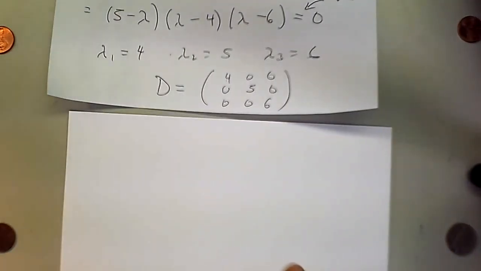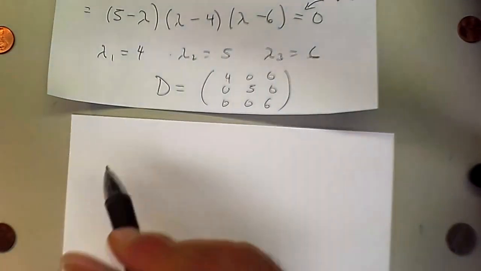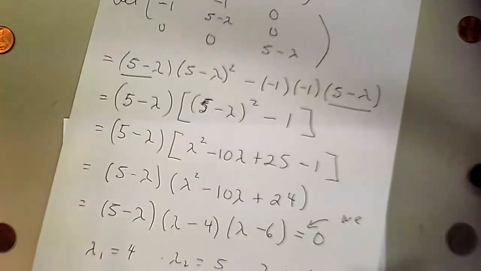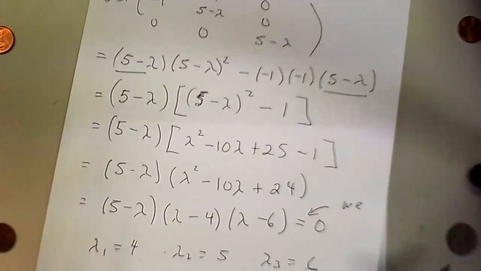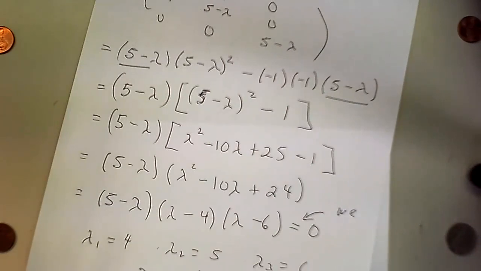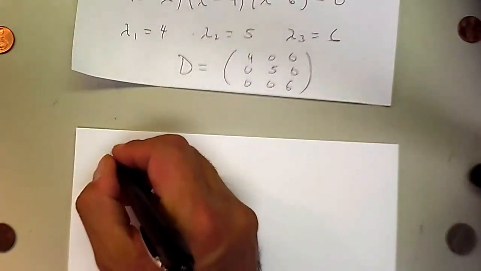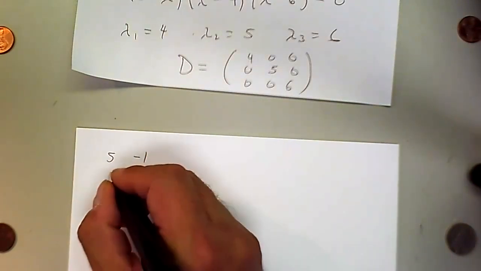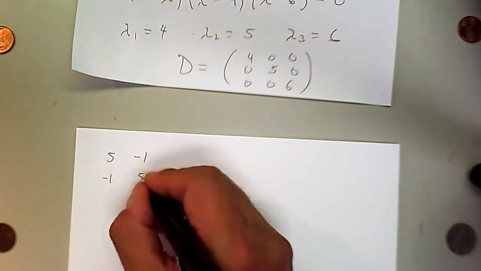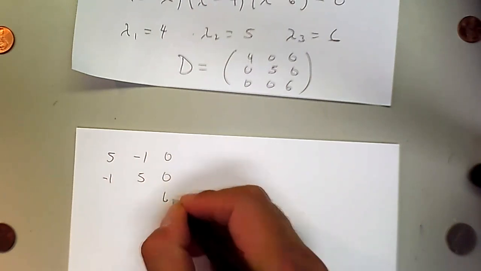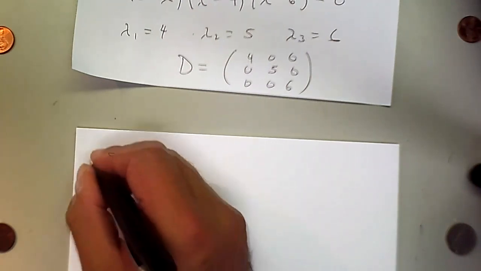Okay, so now we're going to look for the eigenvectors. Let's look for the eigenvector corresponding to the eigenvalue 4. So 5, -1, -1, 5, and 5, 0, 0.